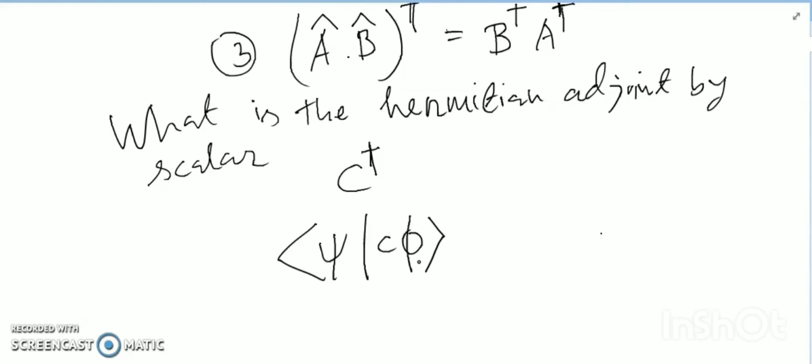Well, we can pull the scalar out of the right side of the inner product since the right side is linear. Then we remember that the left side of the inner product is antilinear, so we have to take the complex conjugate of the scalar to move it to the left side.